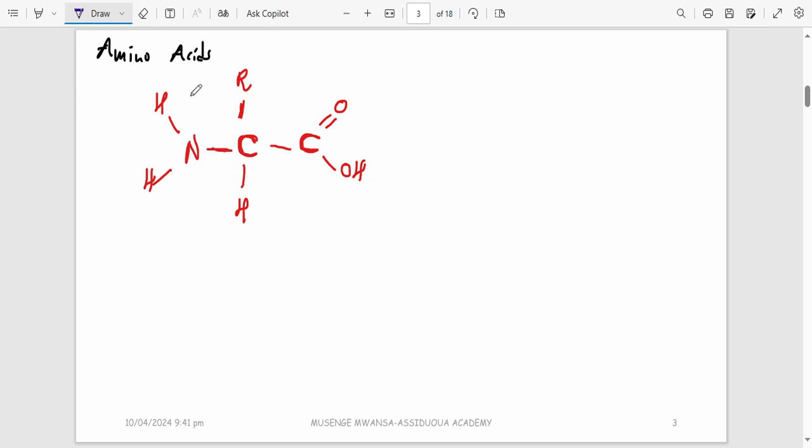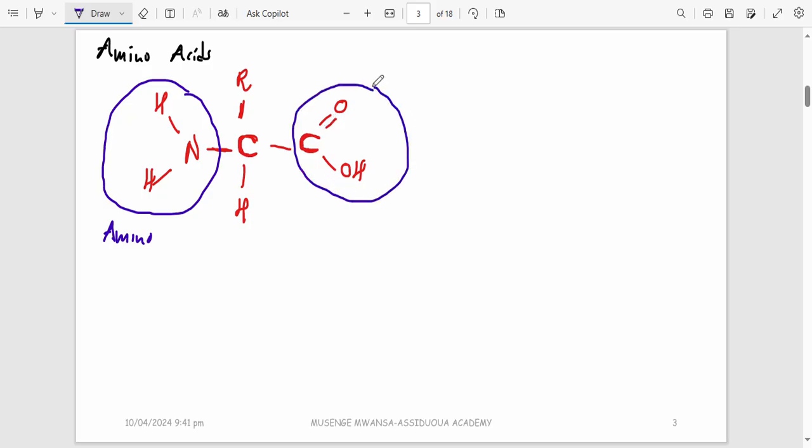What are the groups? This group that you can see here, we call an amino group. This group here is the carboxylic acid group, or the carboxyl group. That's why we call them amino acids, because they've got a carboxylic acid and an amino group. They also have a hydrogen, and then a group here which we call an alkyl group.